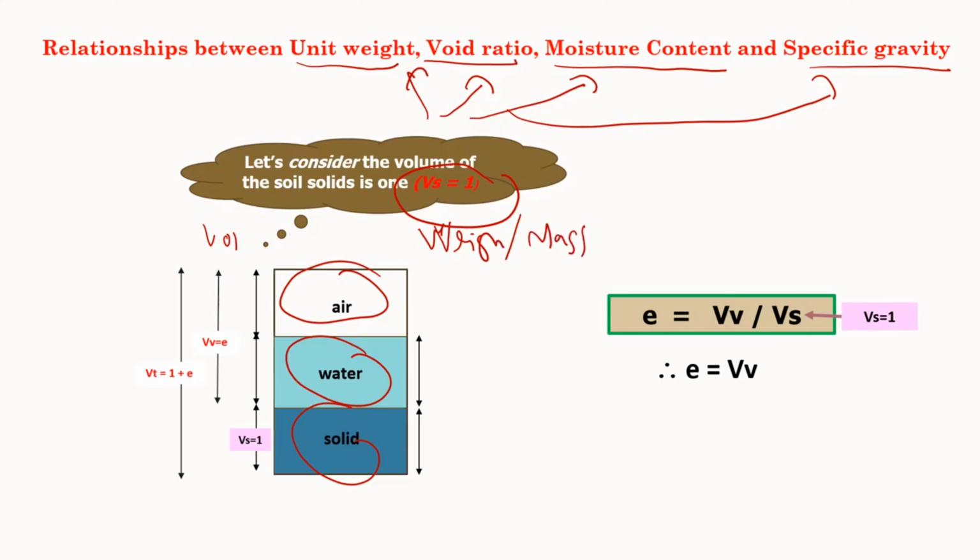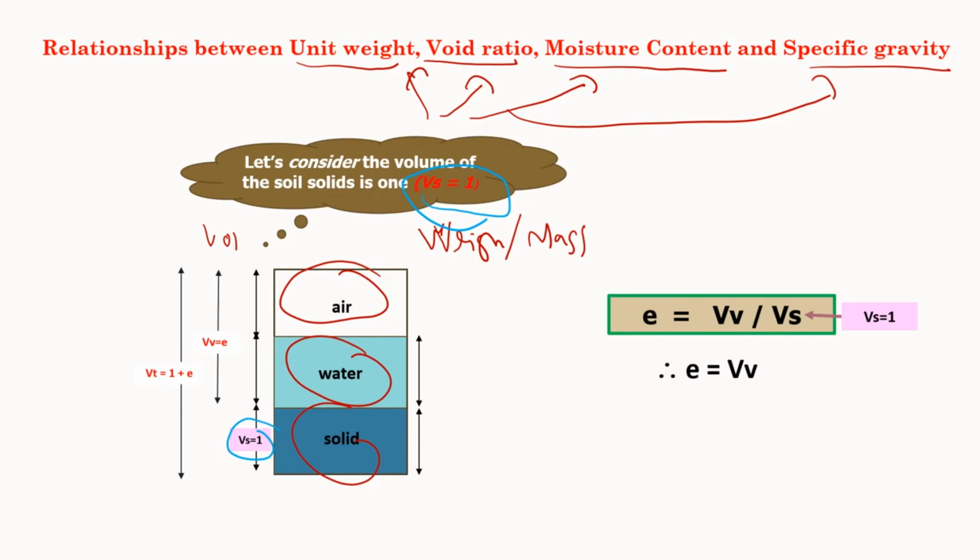But to achieve this, there's a consideration that we have to make, which is we consider that volume of solid is equal to 1. So what we did is we normalize all terms by dividing them by volume of solid.